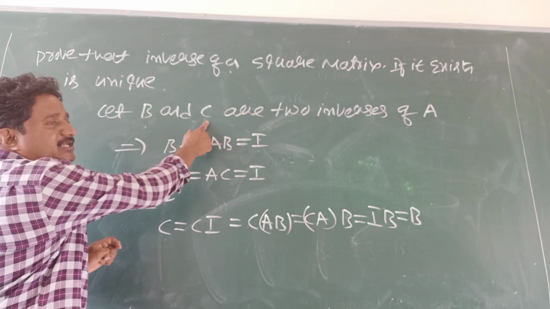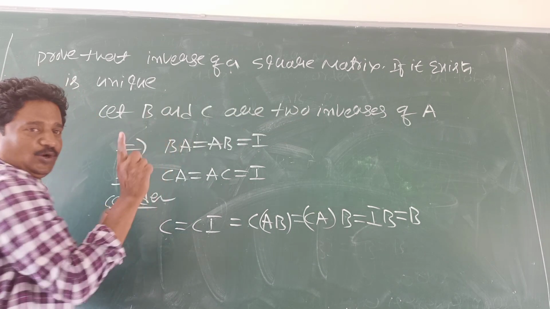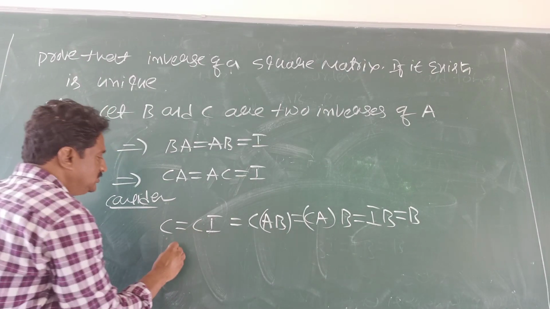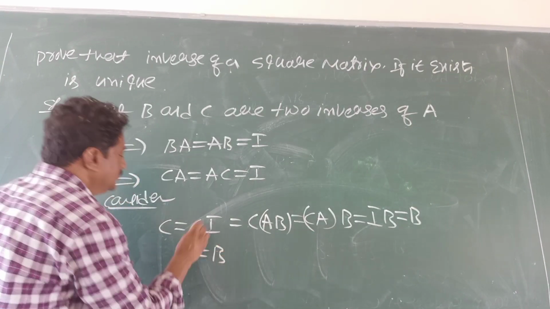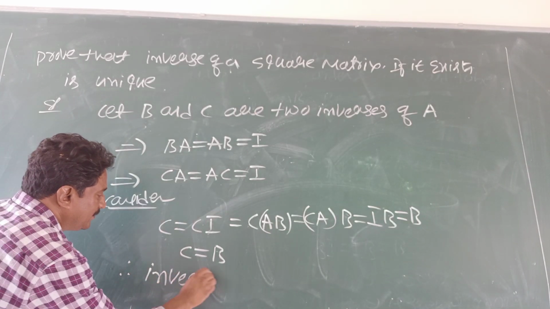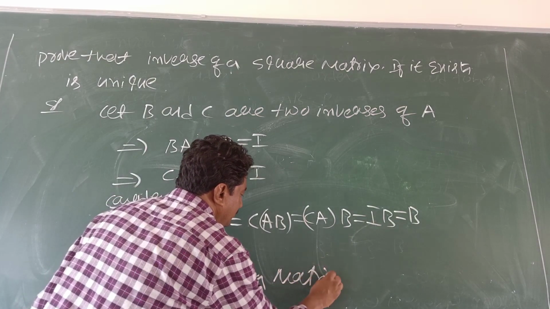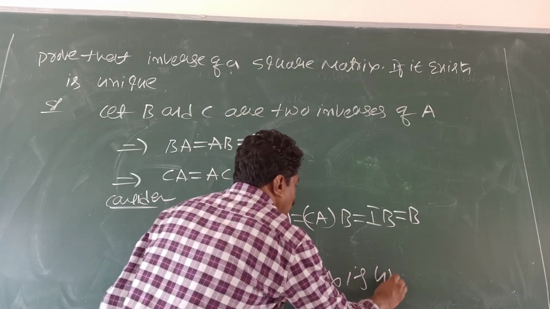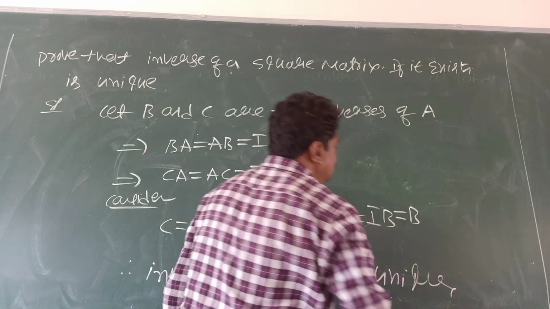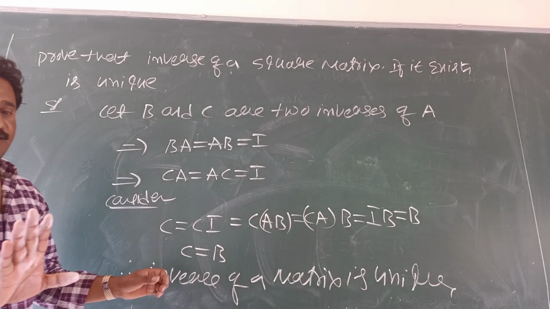But if they represent one matrix, the inverse of one matrix is only one. Therefore, the inverse of a matrix is unique. I hope you understood it well.